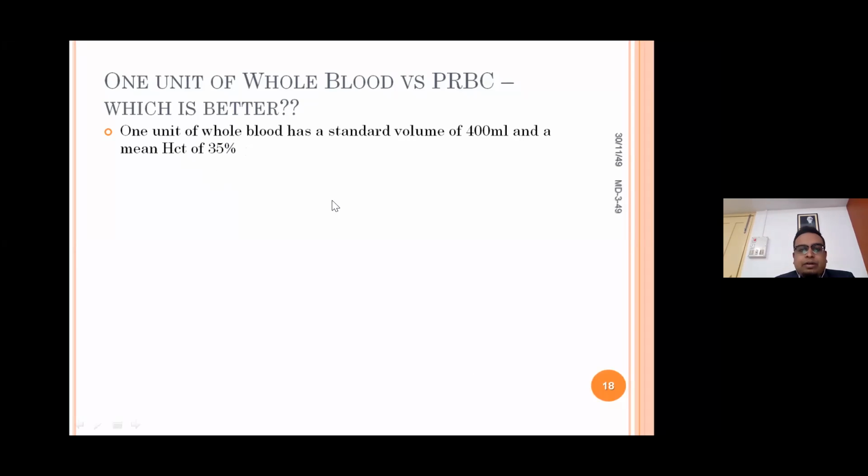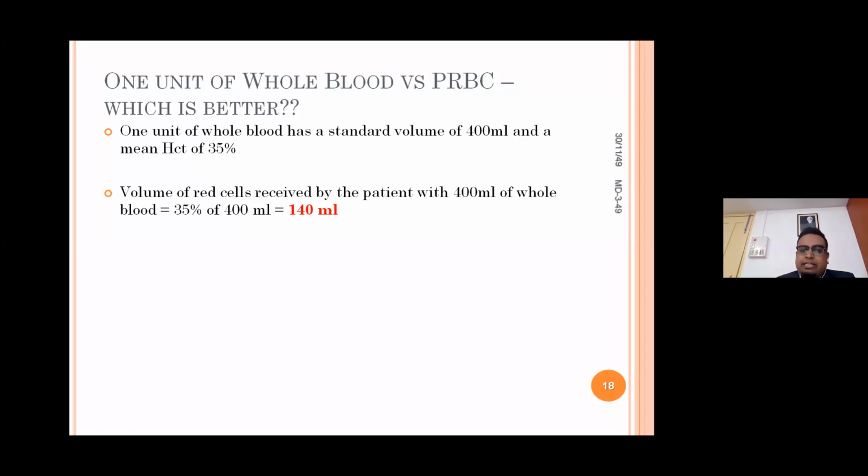So the volume of red cells received by the patient with 400 ml of whole blood would be 35% of 400 ml, which is 140 ml. This is the effective volume of red blood cells that the patient is receiving.